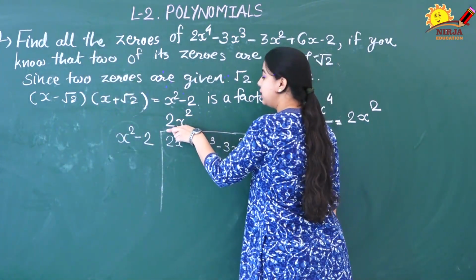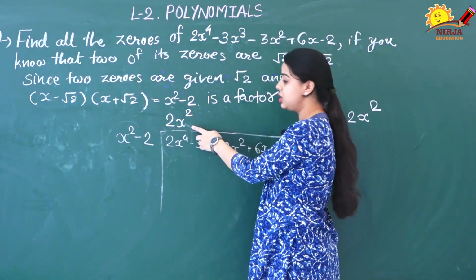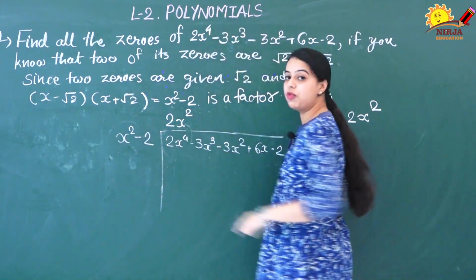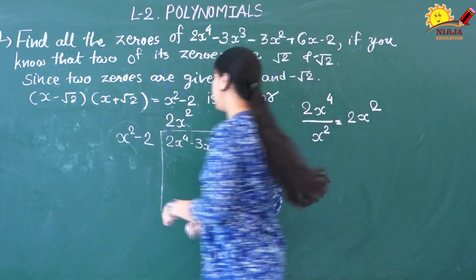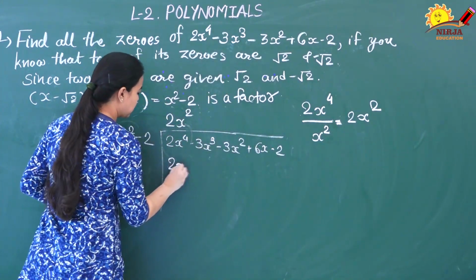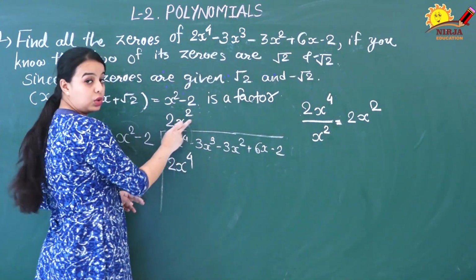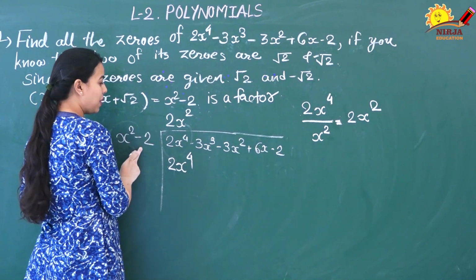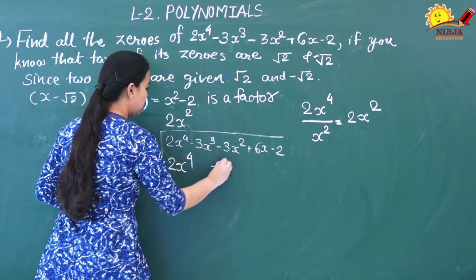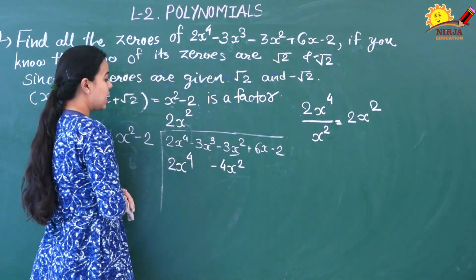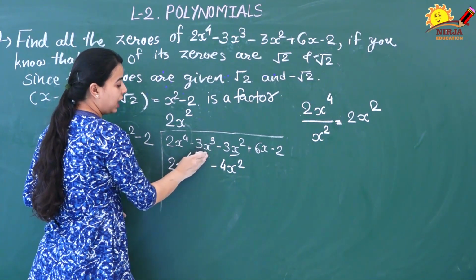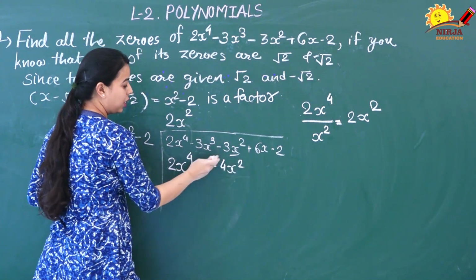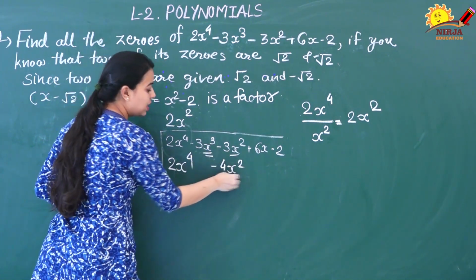Now let's multiply this first term of our quotient by our divisor. 2x square into x square becomes 2x raised to 4. Now 2x square into minus 2 becomes minus 4x square. As you know, we can't do the operation of 3x cube with 4x square because the variables are different.